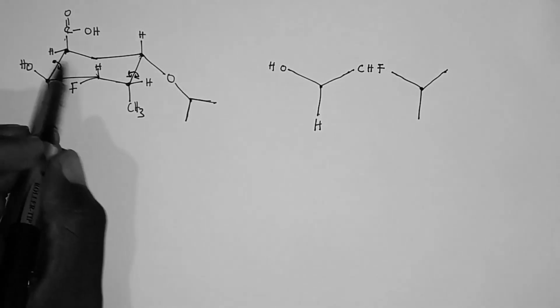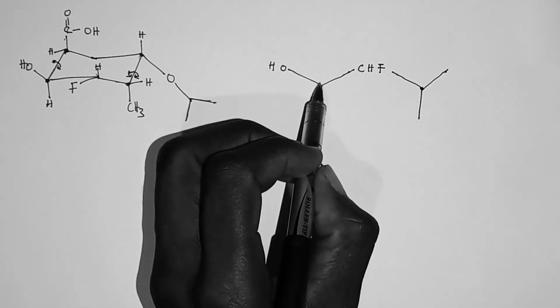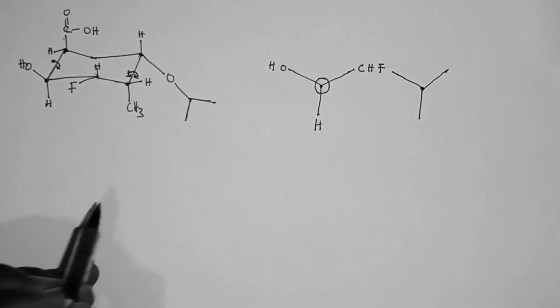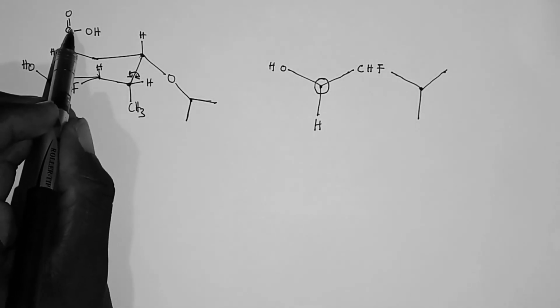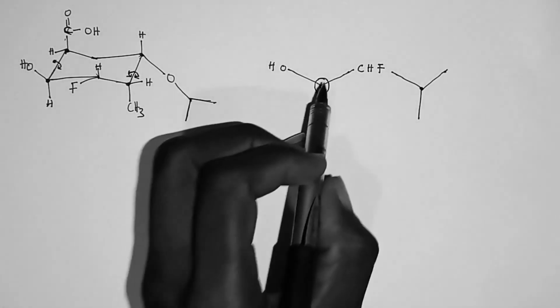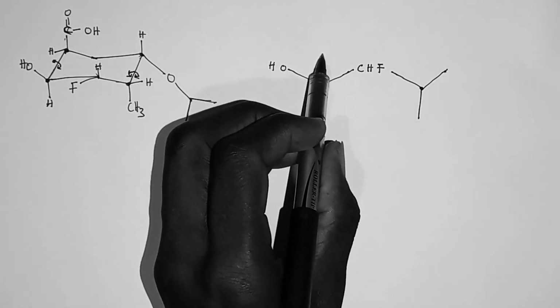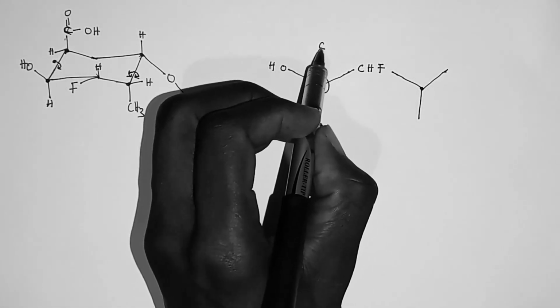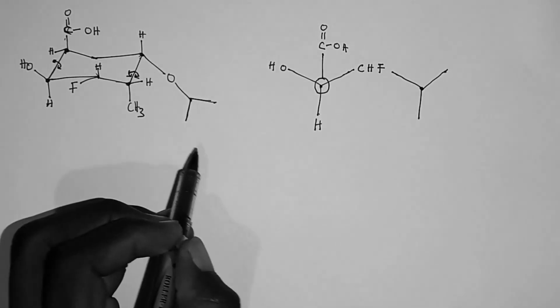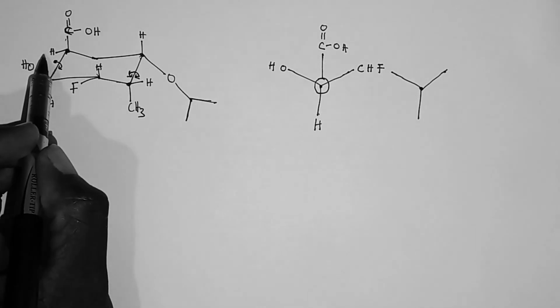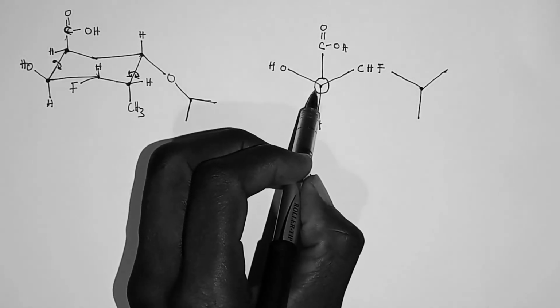Then now, let's draw the carbon at the back, which is this one. In the axial position, there is a carboxylic acid group. So at this part of this molecule, there is a carboxylic functional group here. And then you can see that this part is a proton.